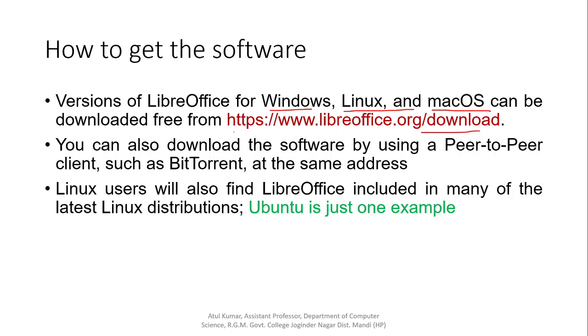Different versions are available there, and you can easily download and install them on your computers and use the functionality of this Office suite. You can also download the software with the help of a torrent app. Also, Linux users find LibreOffice in many Linux distributions as a default. Suppose we have Ubuntu, so in Ubuntu LibreOffice comes as the default office suite.